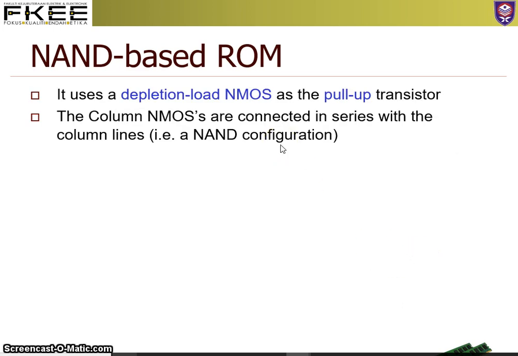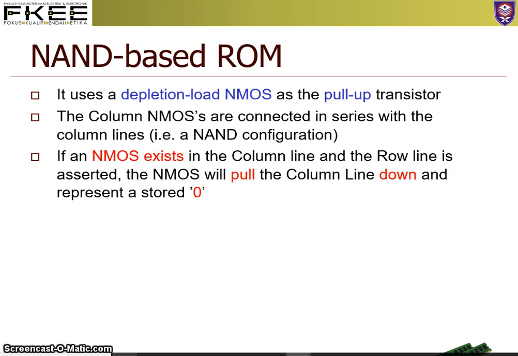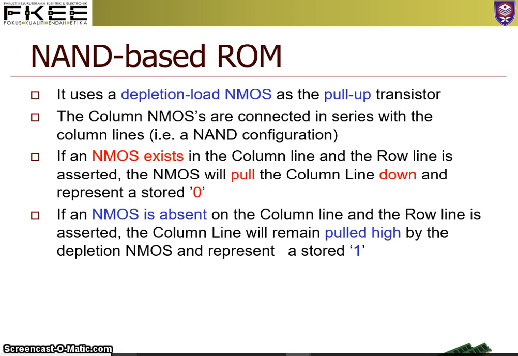For NAND base, it uses a depletion load NMOS as the pull-up transistor, and all the column NMOS are connected in series. Unlike the NOR base, for NAND base, if an NMOS exists in the column line and the row line, it means a logic 0 is stored at that particular junction.